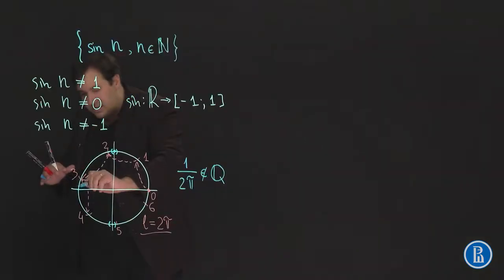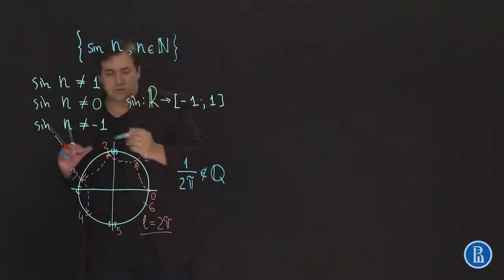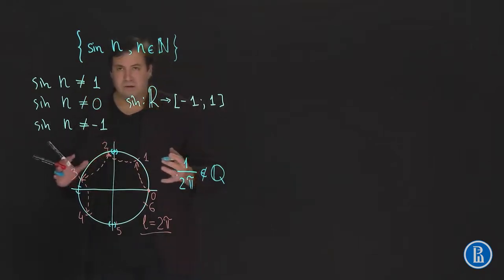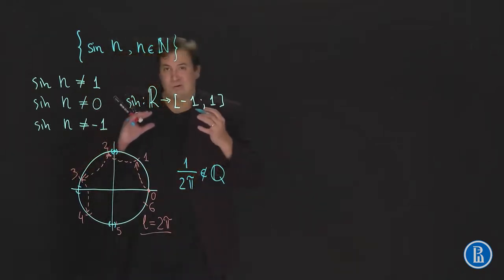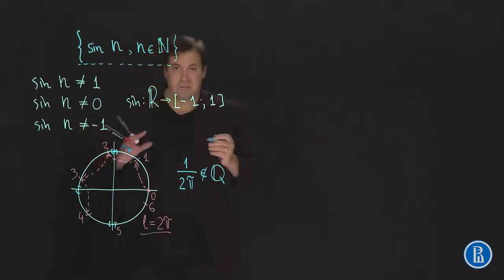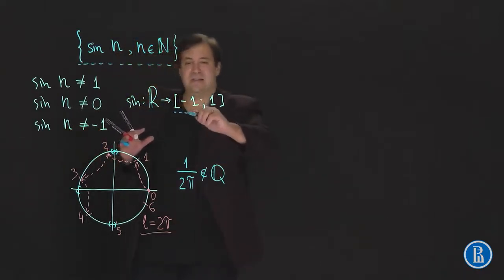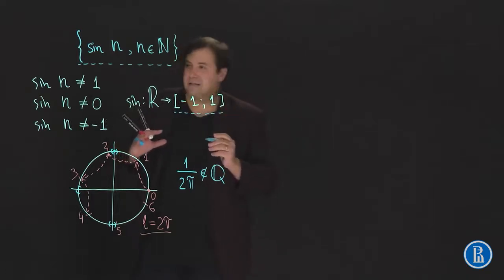And also to this point, which means we could get arbitrarily close to 0, and so on. So the set of values of the sine function on natural numbers, I mean positive integers, is dense within this segment.